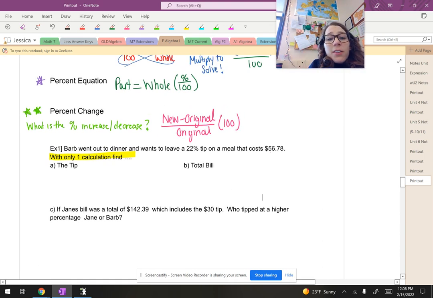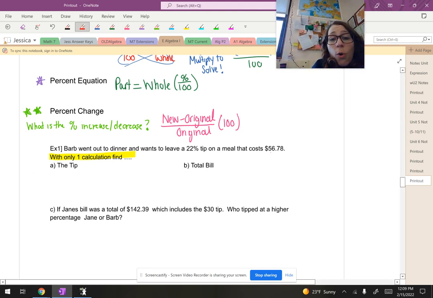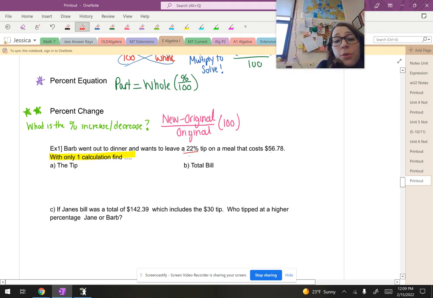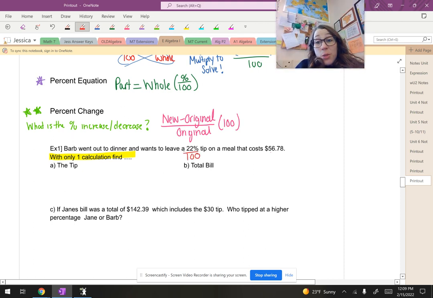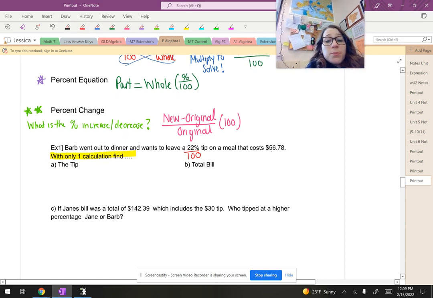With one calculation, that's where we're going to come with that percent equation. We're going to start using that. So that part equals whole times percent over 100. You can start by getting in the habit of anytime you see a percent, dividing it by 100 to convert it into the decimal.